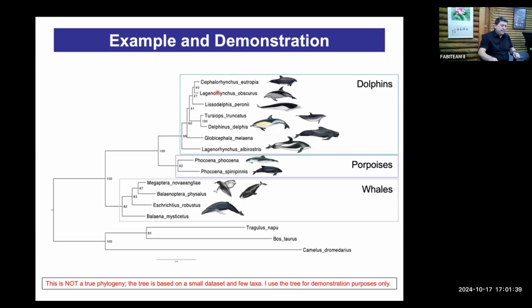There's no resolution. So nothing can be said about the phylogenetic relationships of the dolphins in here, except that Tursiops truncatus and Delphinus dolphins are in the same monophyletic group. So they share a common ancestor or the population for that.